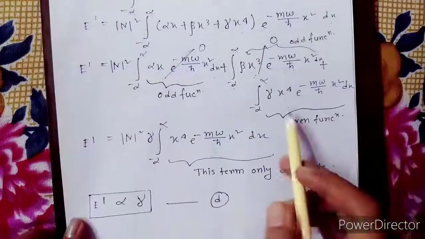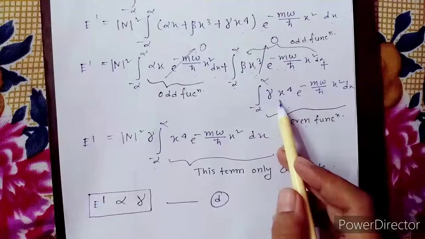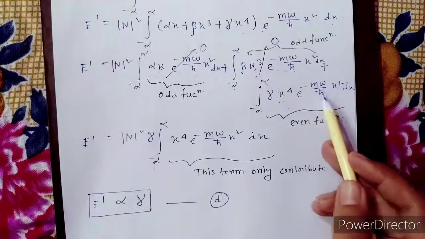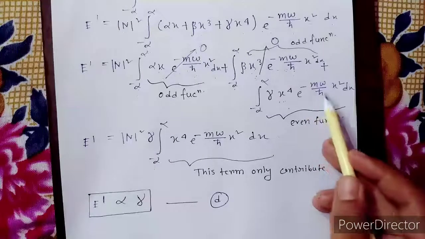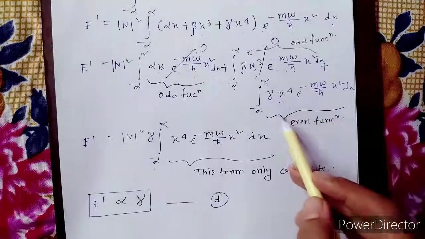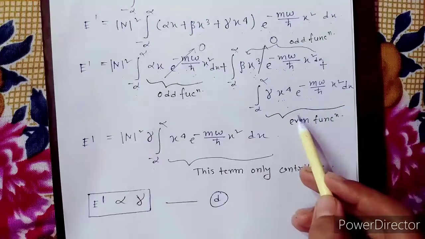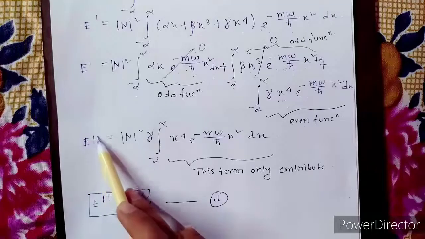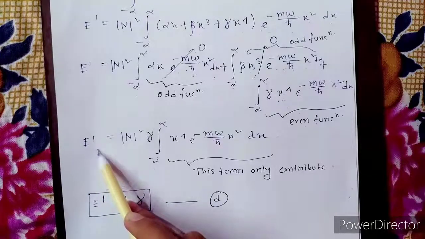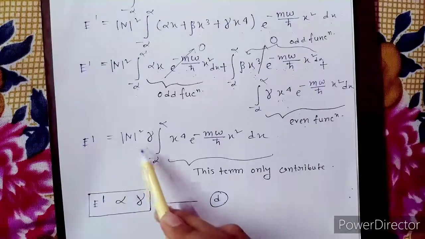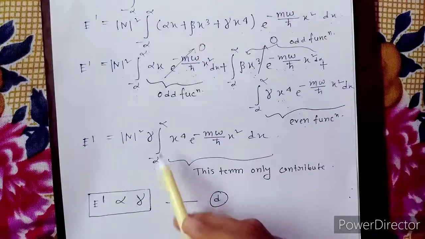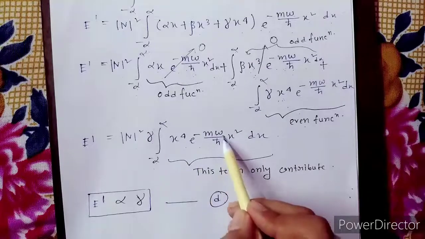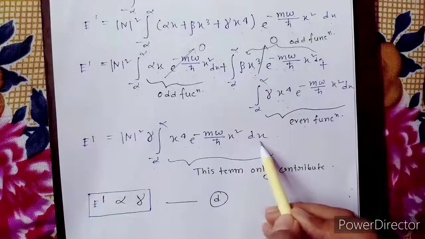Now for the third term, x⁴ is an even function, and e^(−mω x²/ħ) is also an even function. So only this term will contribute. At last we get E1, the first order correction, equal to |N|² γ integral from minus infinity to infinity of x⁴ e^(−mω x²/ħ) dx.